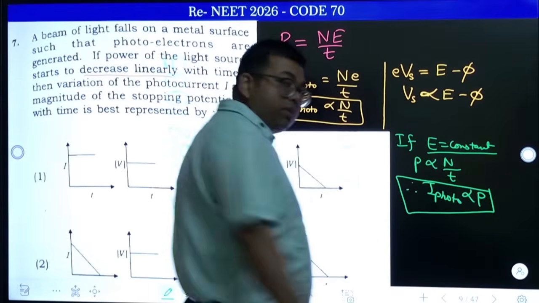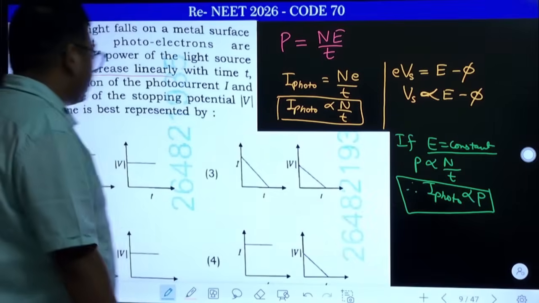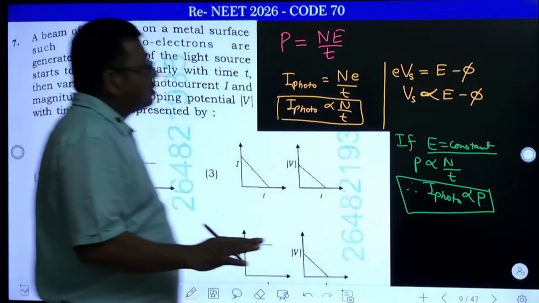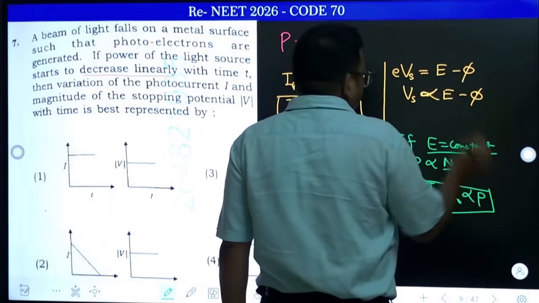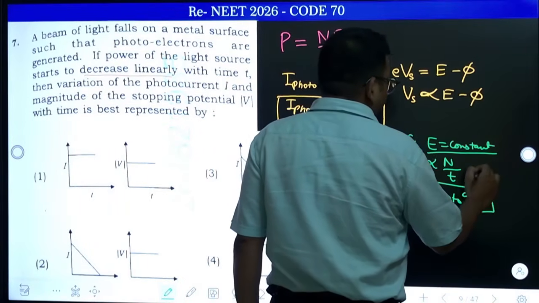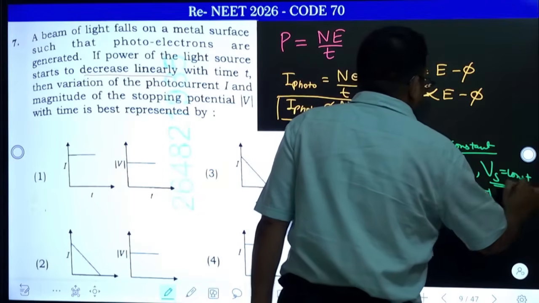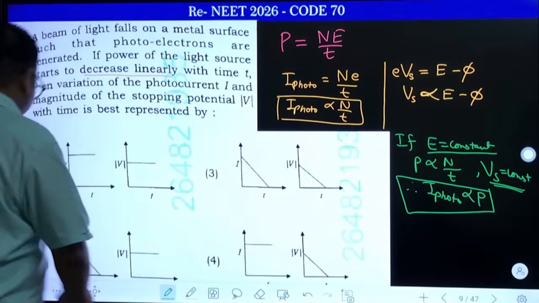As power will decrease linearly, photocurrent will decrease linearly. So in that case, voltage will not change, because we have kept E constant. So Vs, the stopping voltage, has to be taken as constant. Okay, so that will be the answer, this one.